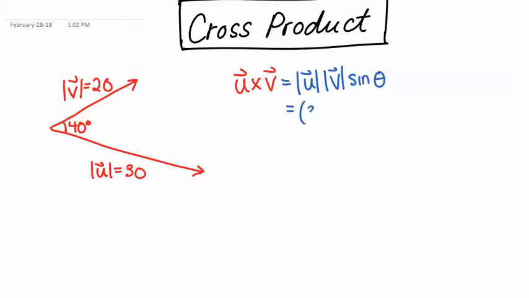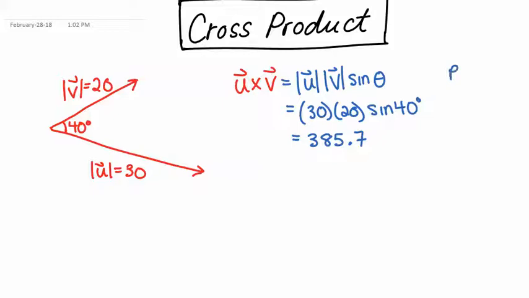So we do 30 times 20 times sine 40, and we end up with 385.7. And this is a vector, so it'll need a direction.